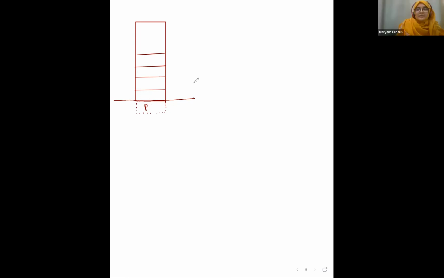A lift moves at the rate of 4 meters per 15 seconds. So there's a lift in it. It moves at the rate of 4 meters in 15 seconds. If the lift starts coming down from a height of 40 meters, then you have to find its position after 3 minutes.